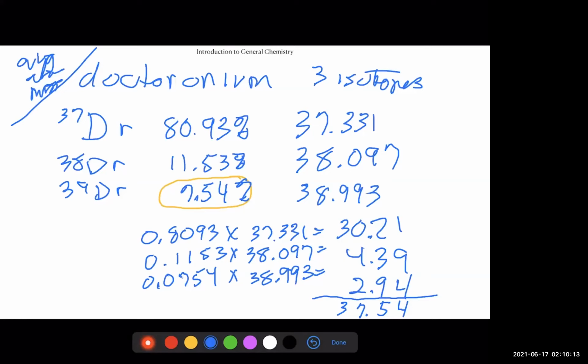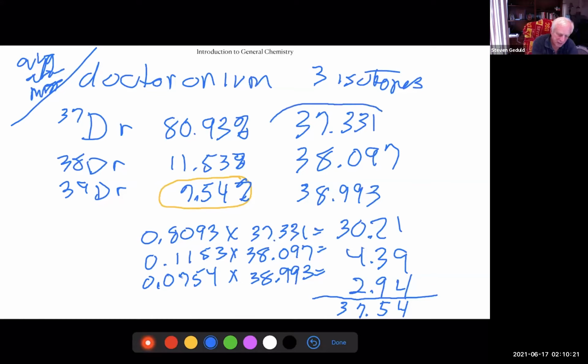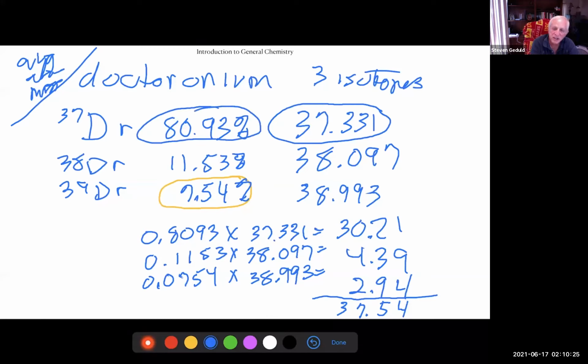I'm just wondering why we multiplied the mass. Okay, because you have this mass right here, and you have 80% of it, or 0.8093 of that mass. This much weighs 37, this much weighs 38, another amount weighs something else.